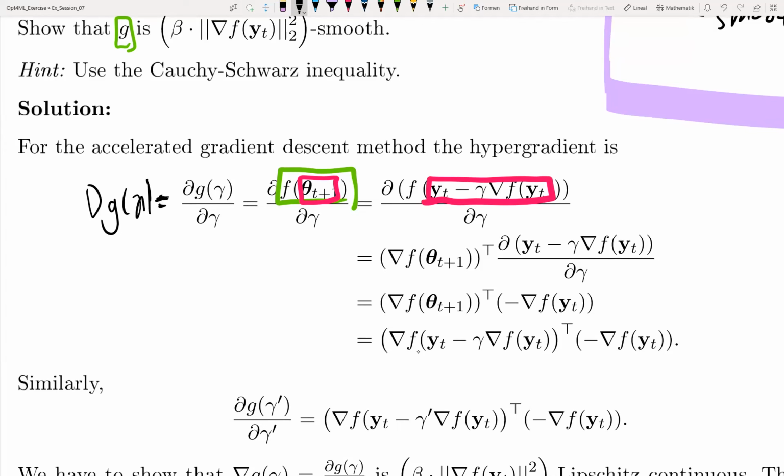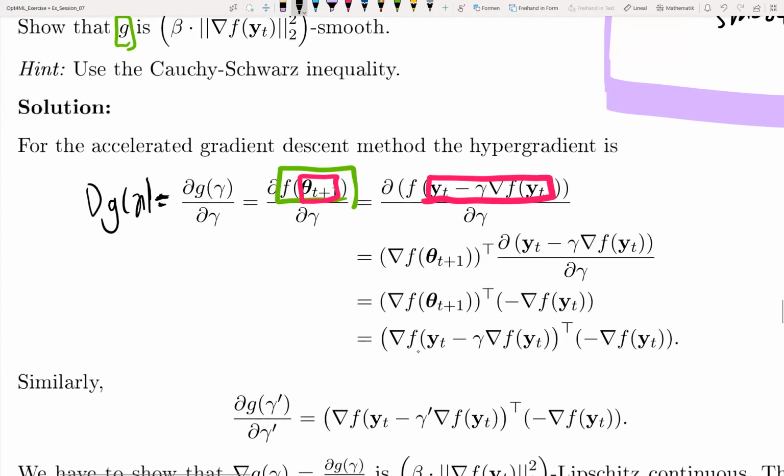Yeah? This is the important thing, namely here in the theta t plus 1, because we can also write out the theta t plus 1, and the theta t plus 1 is having here a dependency on the gamma. No? So you have here still a dependency on the gamma.